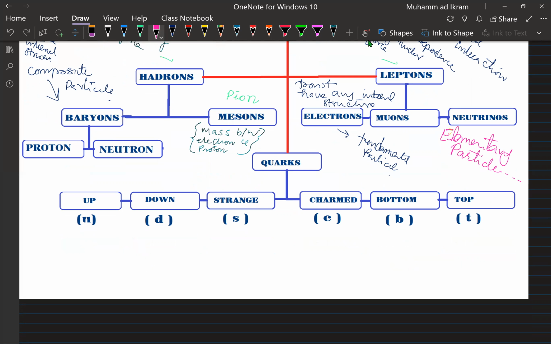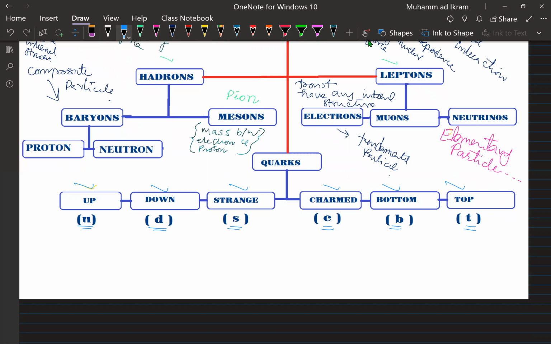There are 6 kinds of quarks: the up quark, the down quark, the strange quark, the charm quark, the bottom quark, and the top quark. These are denoted by the symbols you see here.